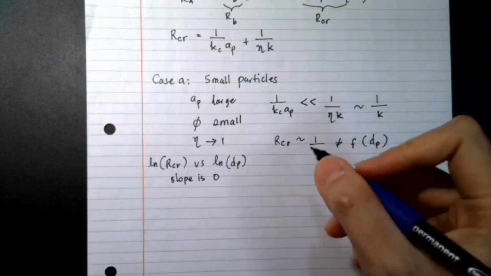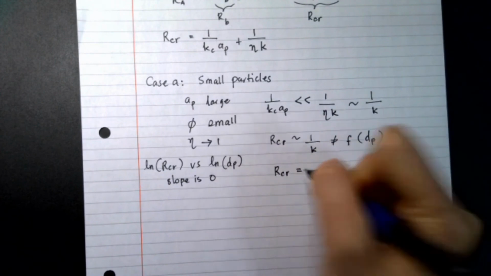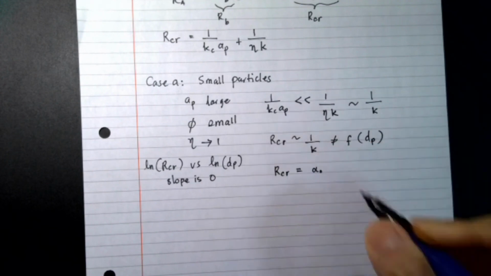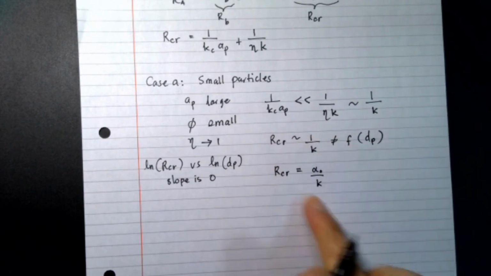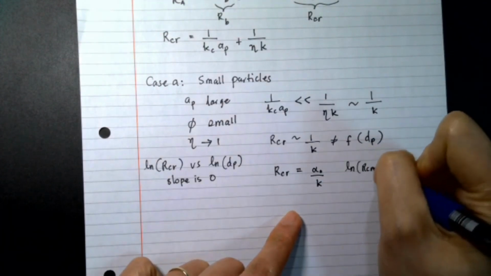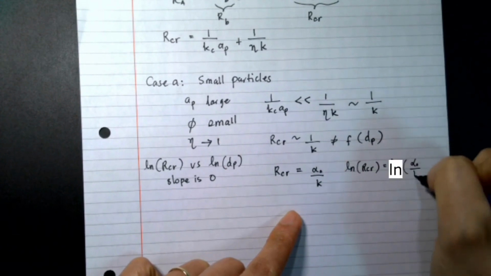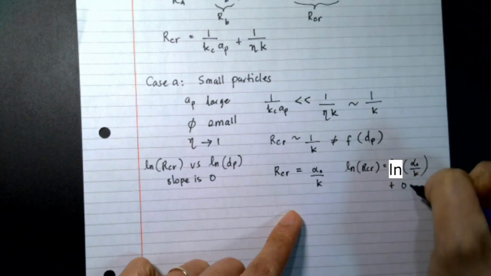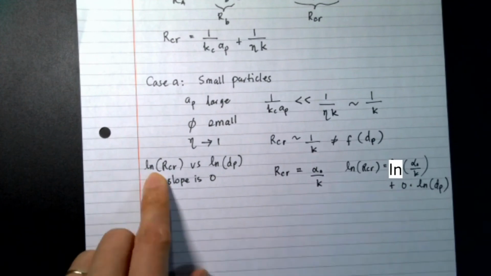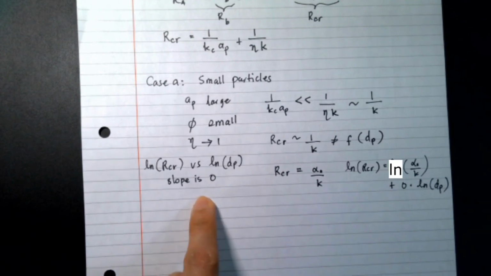Another way of seeing this is that RCR, let's convert this to an equal sign, and we need an arbitrary constant, say alpha 0 over K. Then we take the log of each side of the equation, so we have log of RCR equal to the log of alpha 0 over K plus 0 times log of dP. So this is our slope. When we plot log of RCR versus log of dP, our slope is 0.